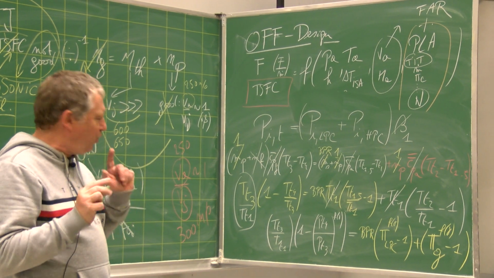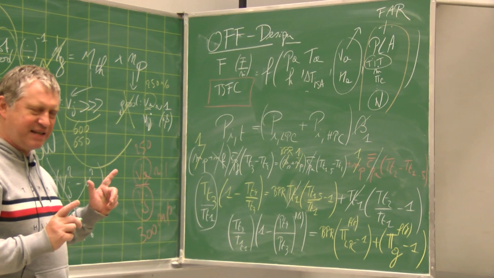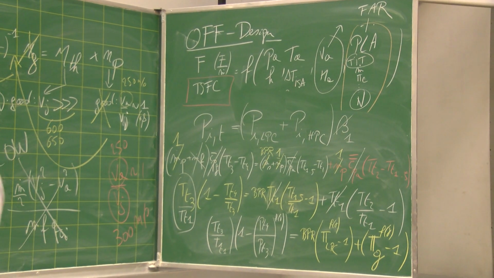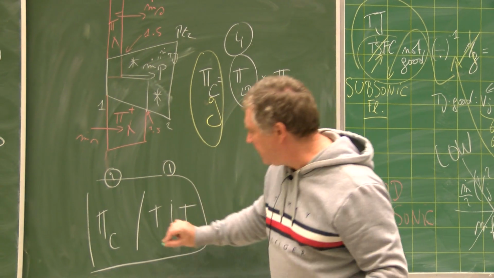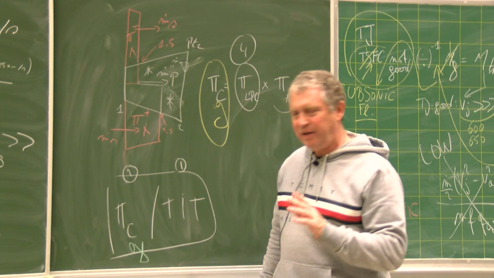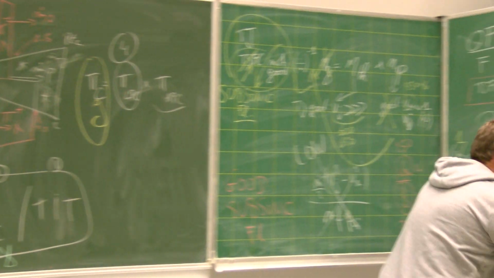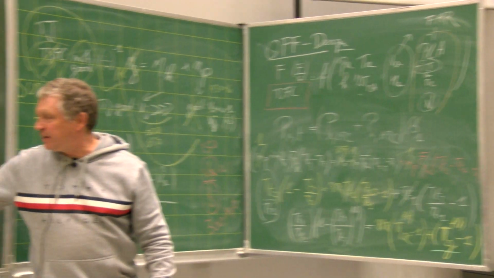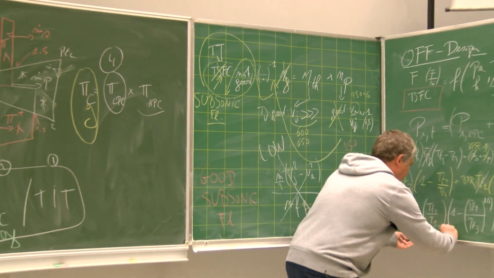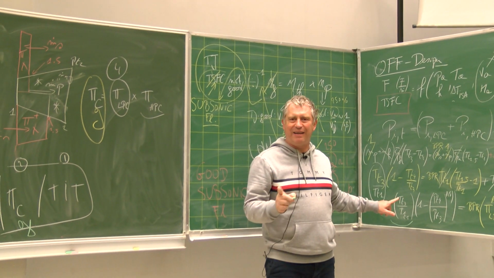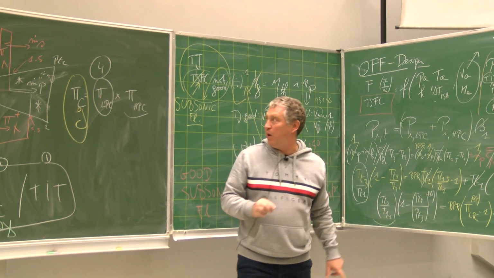What do we have? Look at this equation. What have I said? We need to have the 4 design parameters. I have recalled PC, P global. Where is P global? It's here. Where is the TIT? It's here. And even under the form I like, Tt3 divided by Tt1.